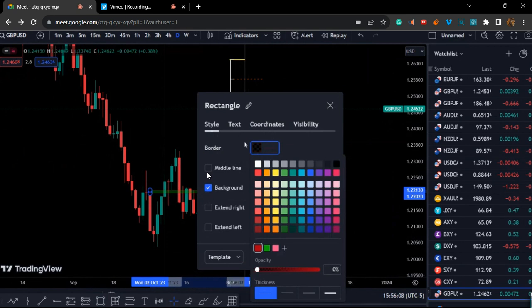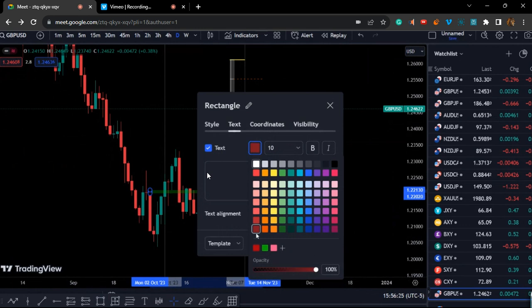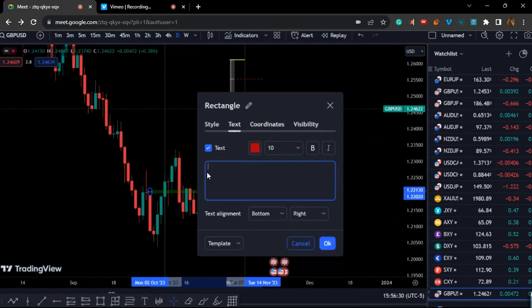That's how you gotta label it. The text alignment needs to be on the bottom right. Now the text needs to be red, because we use red for daily. Now put bullish order block plus OB.